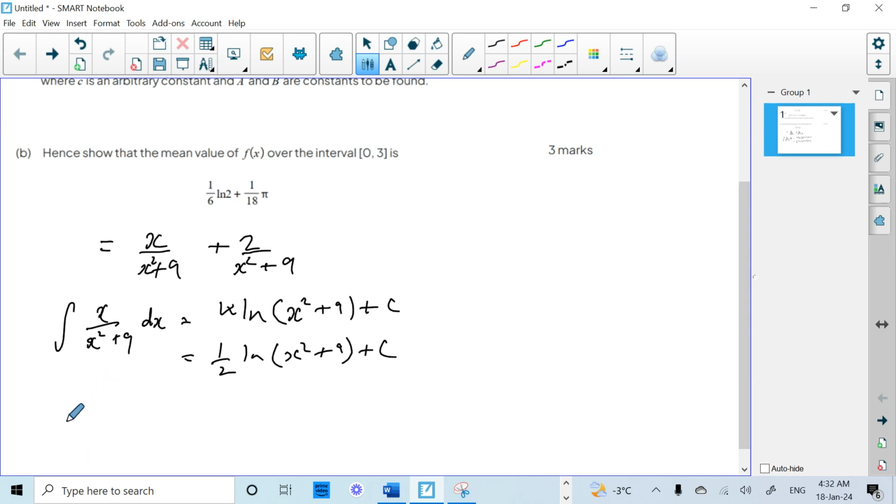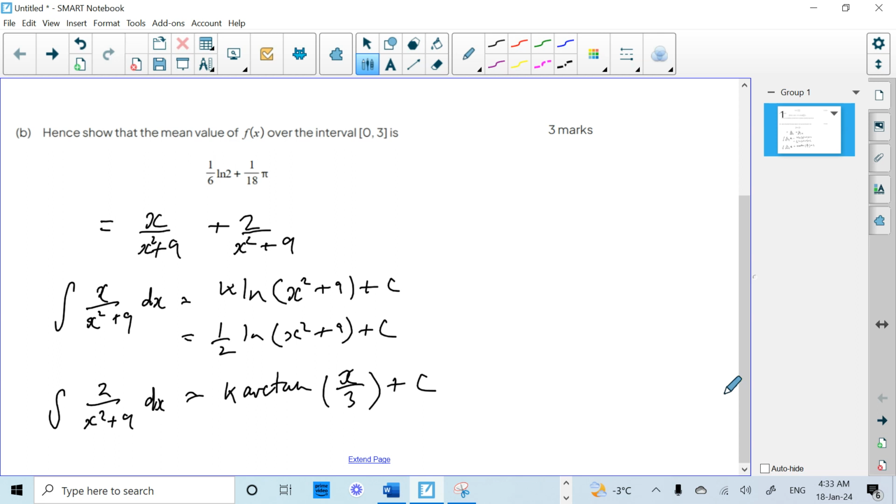And then I'm going to integrate the second split fraction, which is 2 over x squared plus 9. So 2 over x squared plus 9 dx is equal to k arctan, using the required form of the integration, of x over 3 plus c.